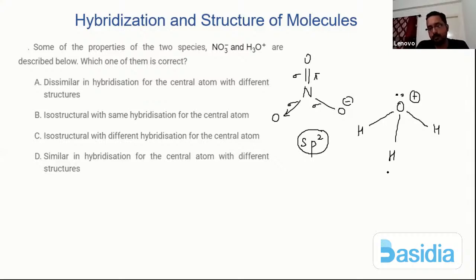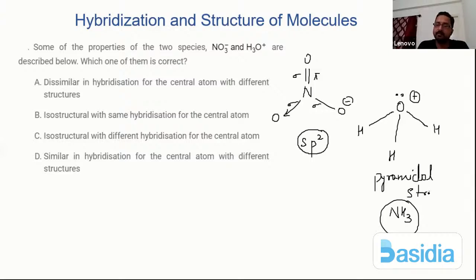So this is my H3O plus. Looking at the structure, it has become very similar to the NH3 molecule, correct? It has occupied the pyramidal structure, and this one is the trigonal planar structure.